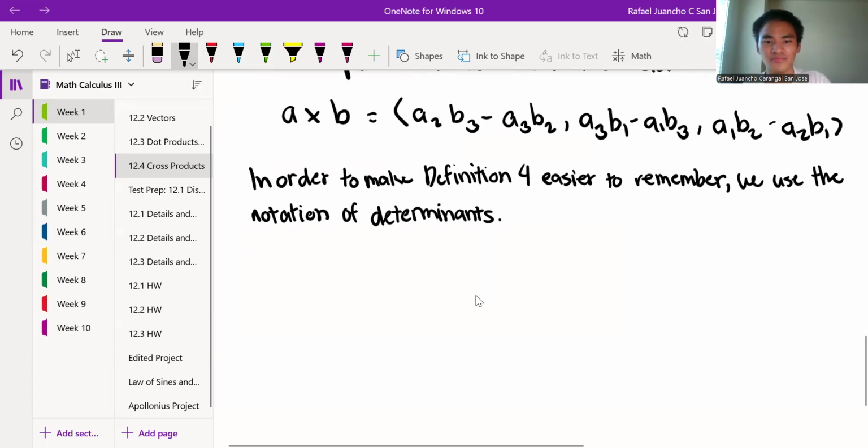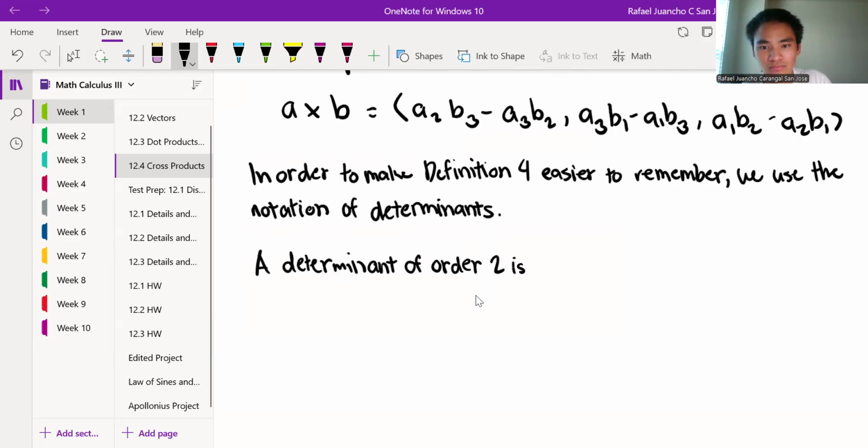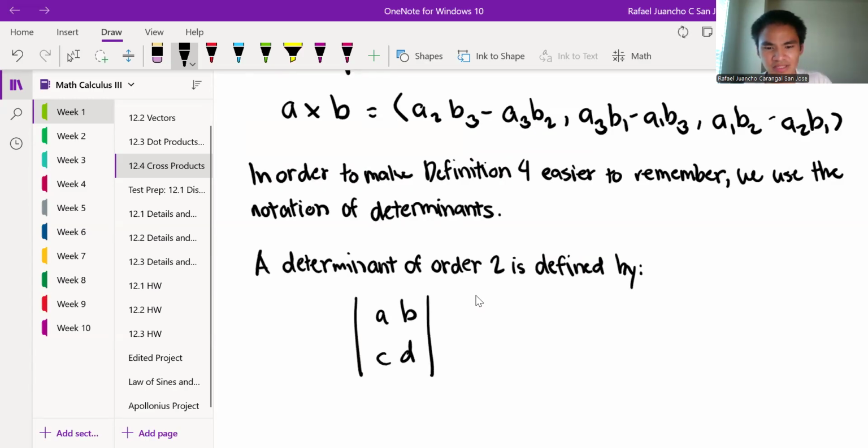Right? So we have an example here. A determinant of order 2 is defined by... I'm guessing we're going to put some letters here. Okay, so we have A, B, C, D, and it looks like a matrix if you think about it.